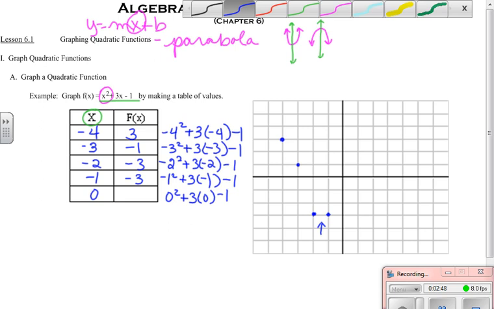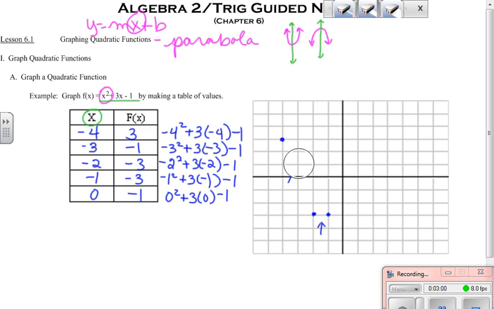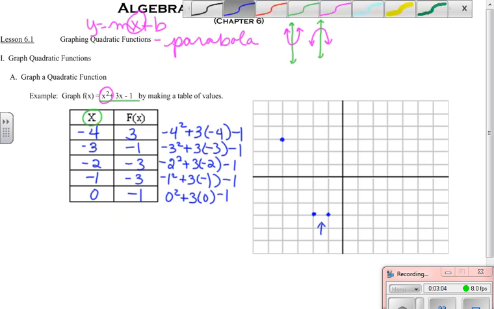So at 0, it's at -1. Oops, that's the problem. I graphed this one wrong back at the start. -3, -1 should have been there. You guys were all wondering about that. So fix that. Let's try one more.